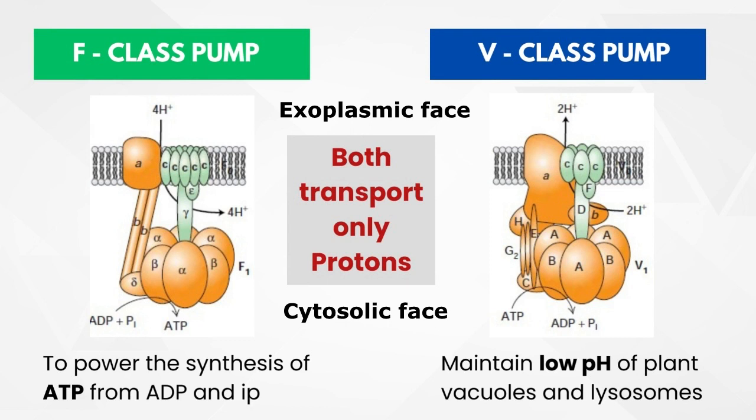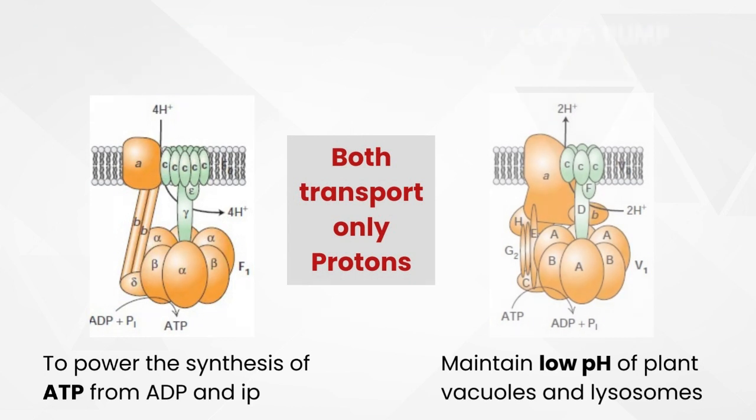F-class pumps are found in the bacterial plasma membrane and in mitochondria and chloroplasts. F-class pumps generally function to power the synthesis of ATP from ADP and inorganic phosphate by movement of protons from the exoplasmic to the cytosolic face of the membrane. F-class proton pumps are commonly called ATP synthase.